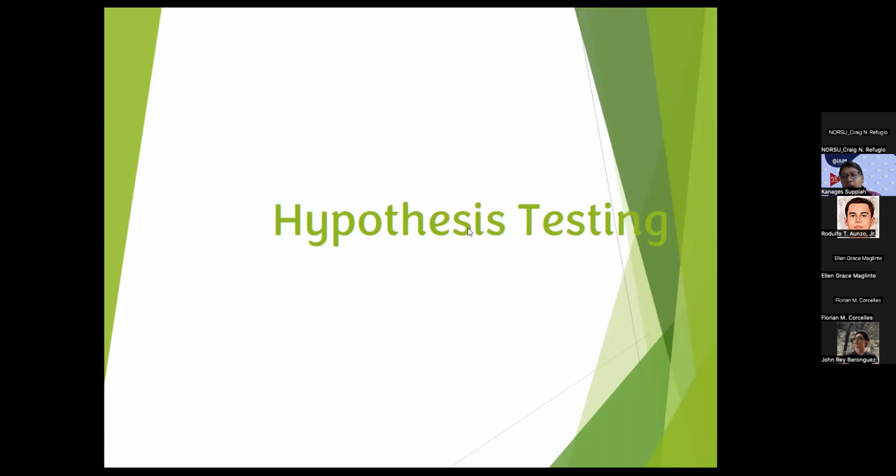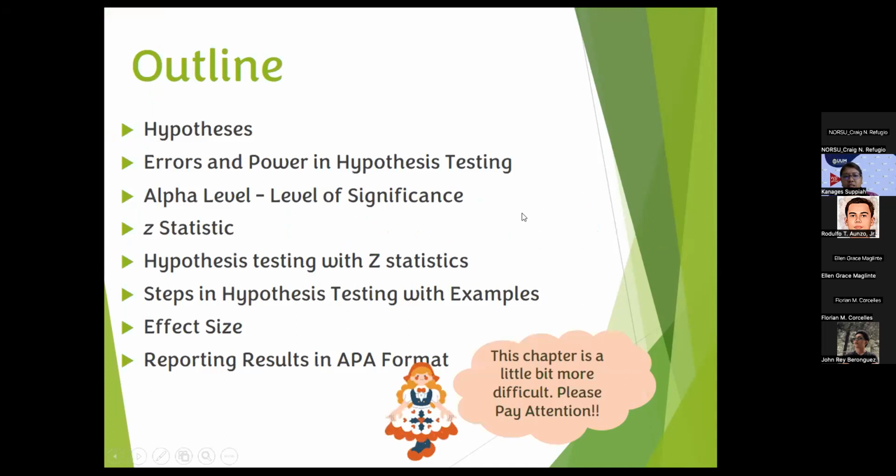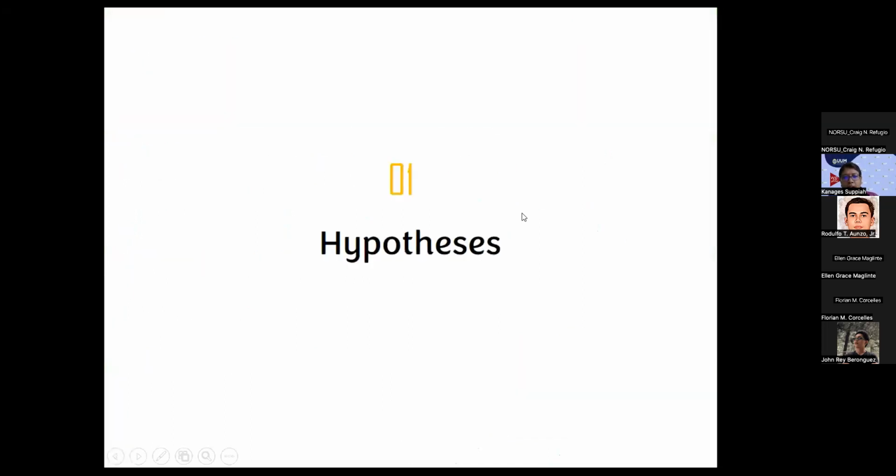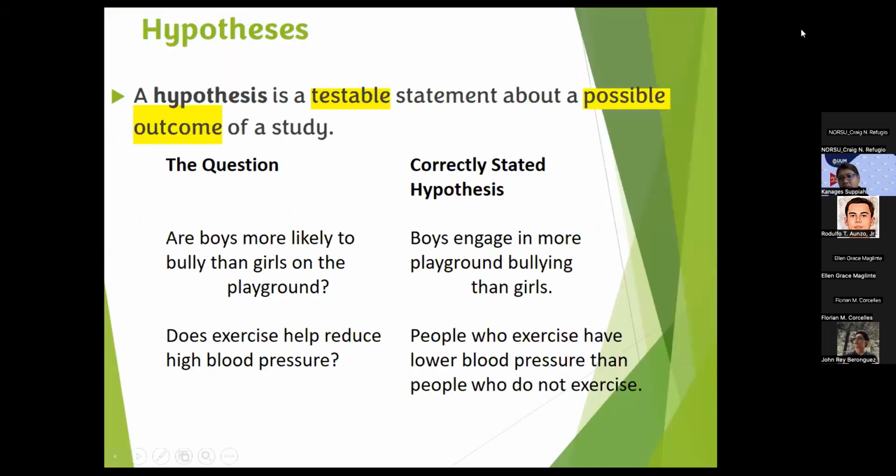So when I talk about hypothesis testing, I want you to remember this important difference between AR and ER so that I can lead you to the next. All right, so before we continue, let's look at what is hypothesis testing. Now, what is a hypothesis? A hypothesis is a testable statement for a possible outcome of a study.